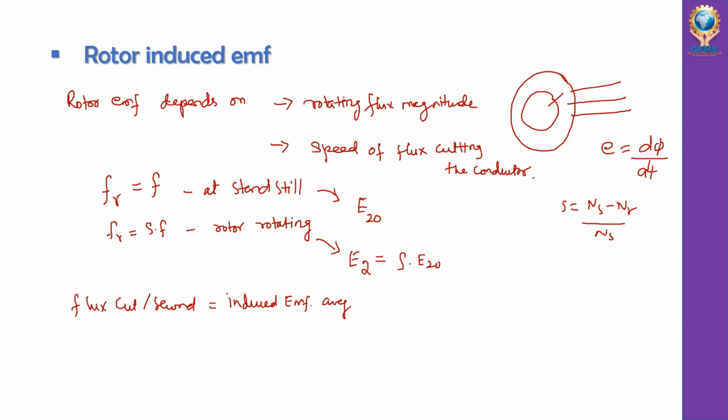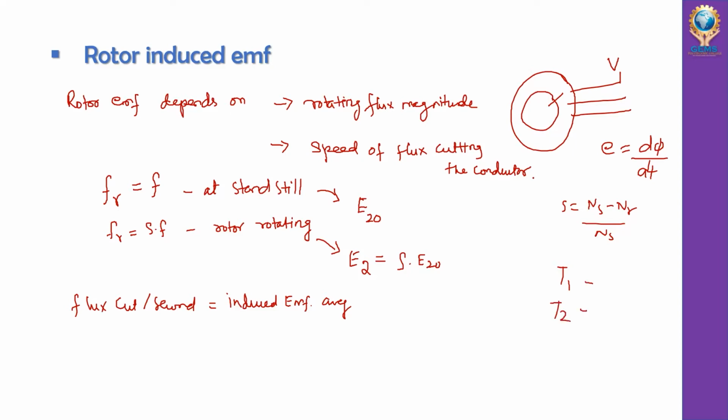Before that we should know some terms. We are giving the supply V1 to the stator at frequency F, and there are two windings, T1 and T2.